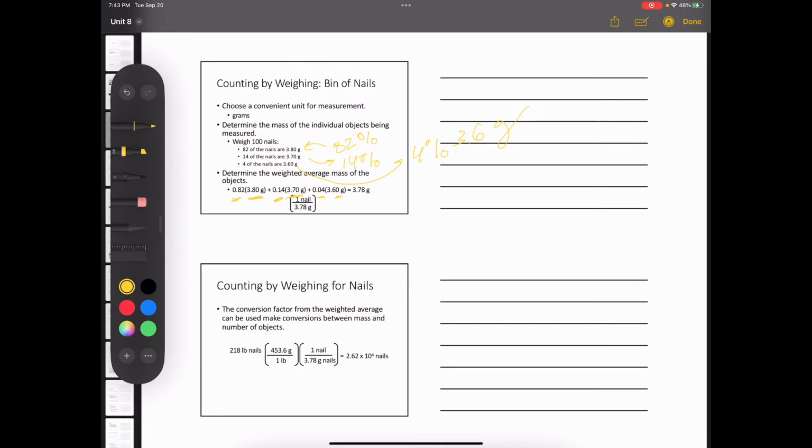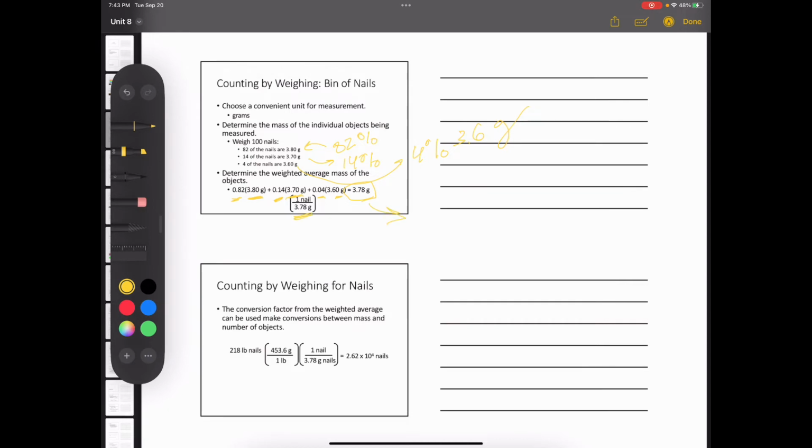On average, we have 3.78 grams. So, for all these 100 nails, the average mass for a nail within this 100 nails would be about 3.8 grams.